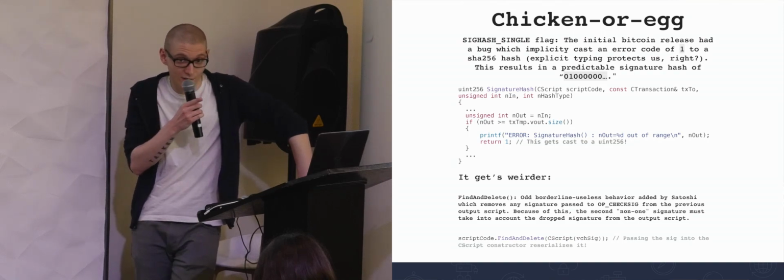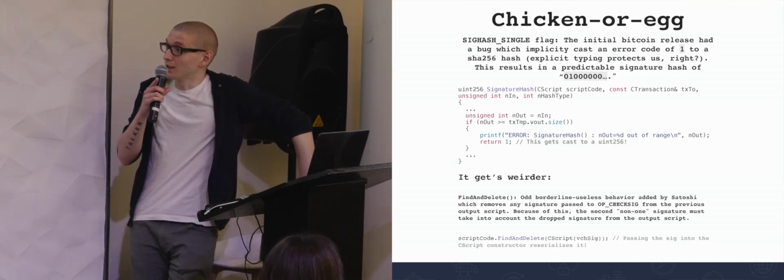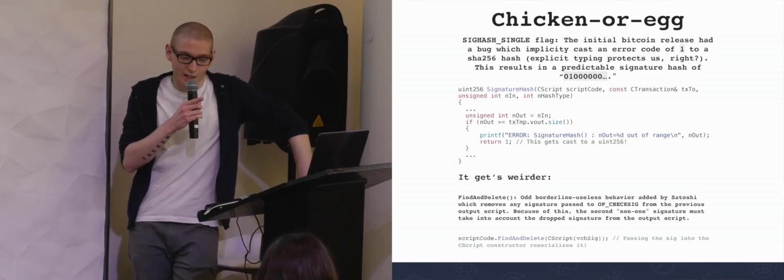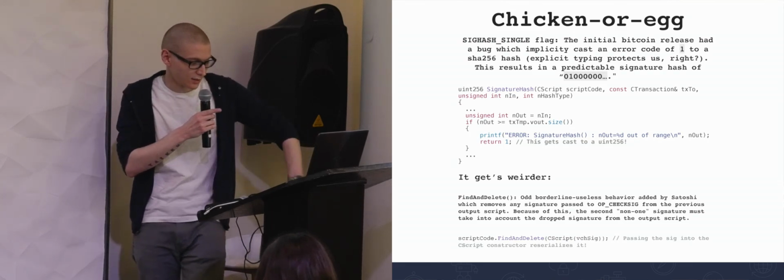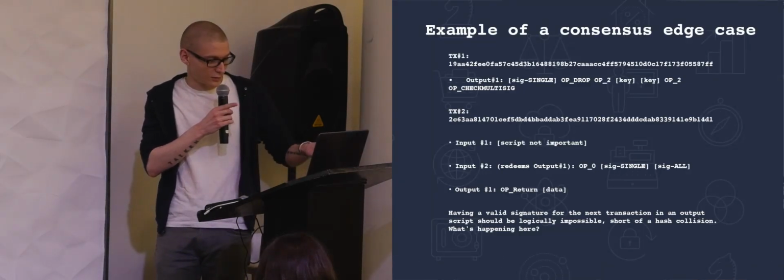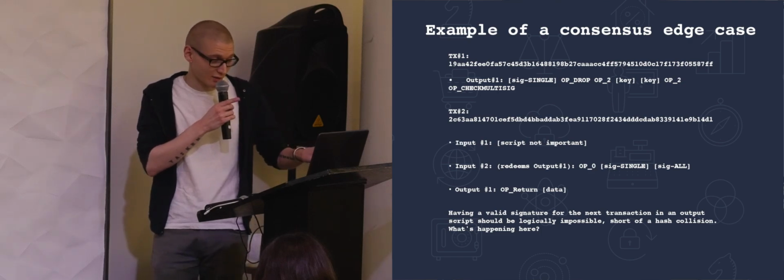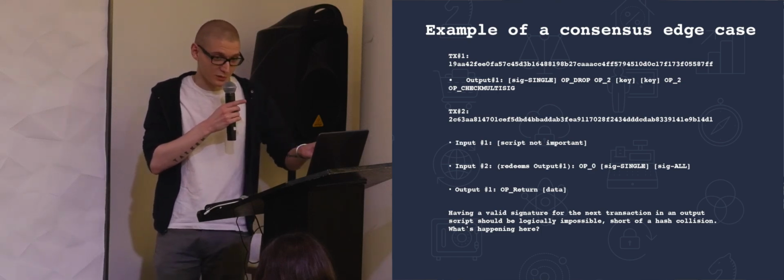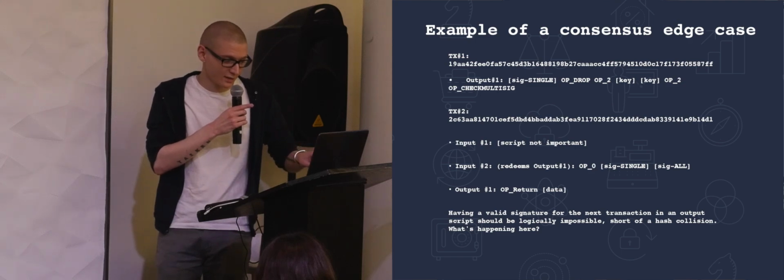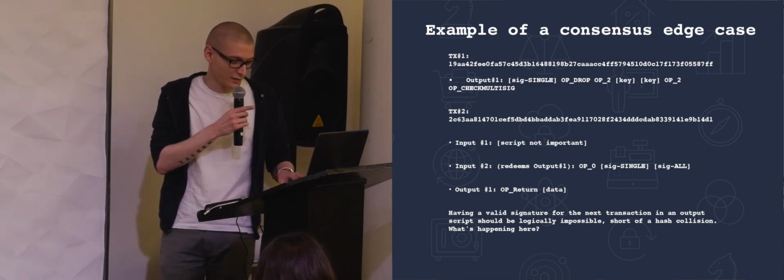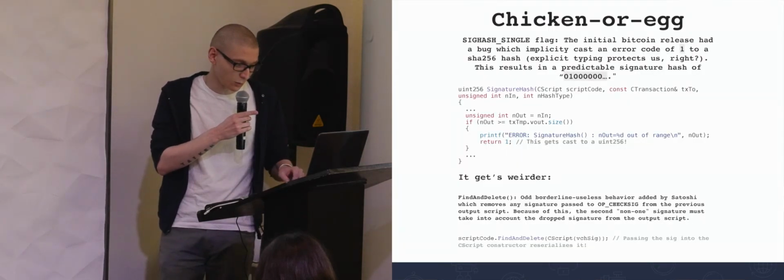But the question is what happens when the input index is actually higher than the number of outputs. So there's two inputs in the second transaction, but there's only one output. So when it does sighash single on the second input, what happens?